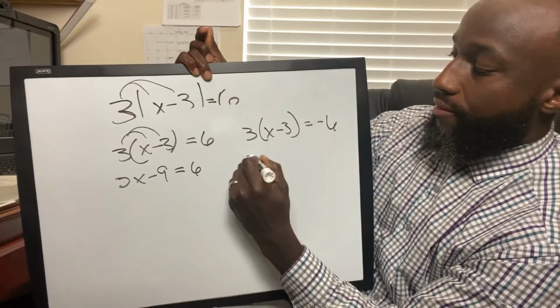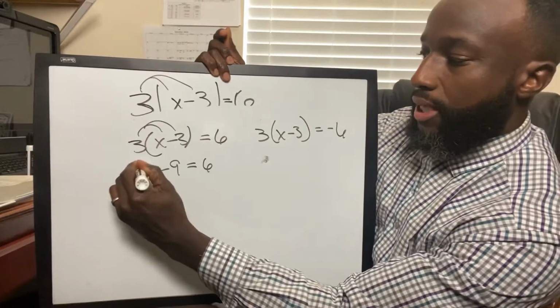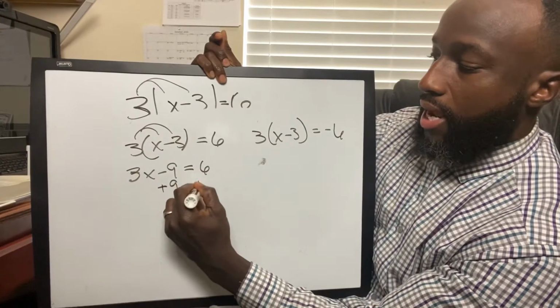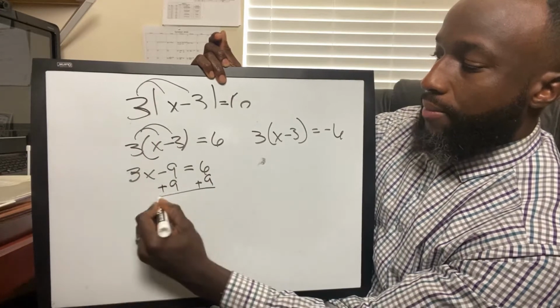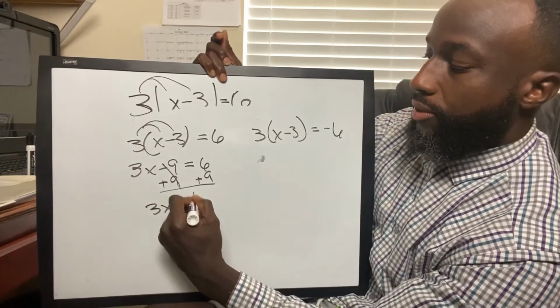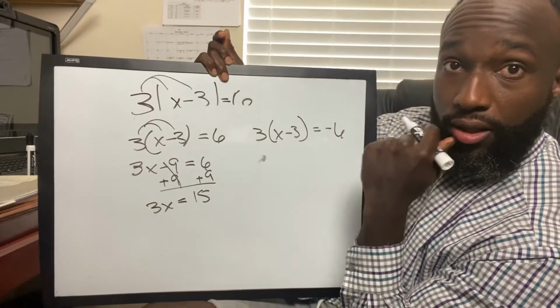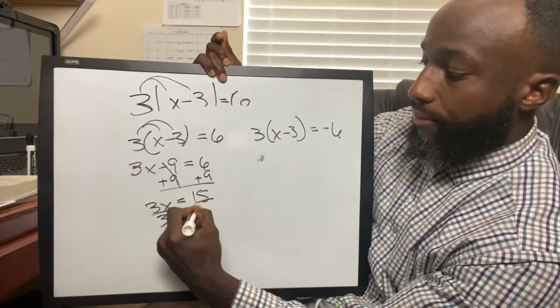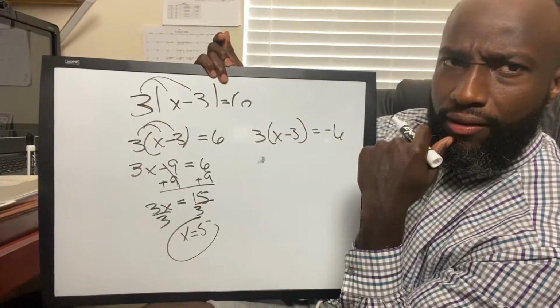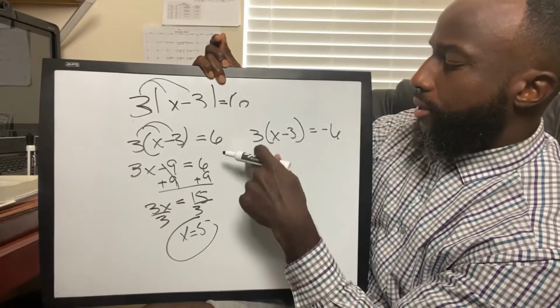First things first, add 9 to both sides. It's going to cancel. You end up with 3x equals 15. Divide both sides by 3. X equals 5. That look familiar?